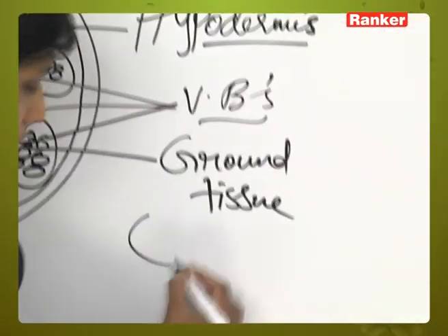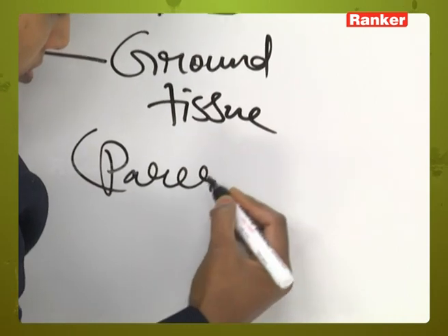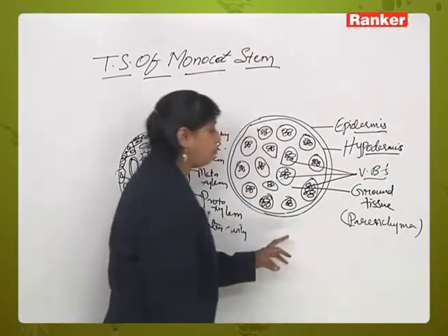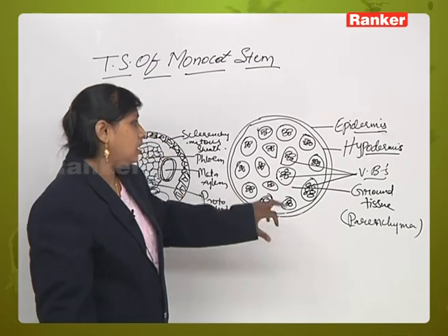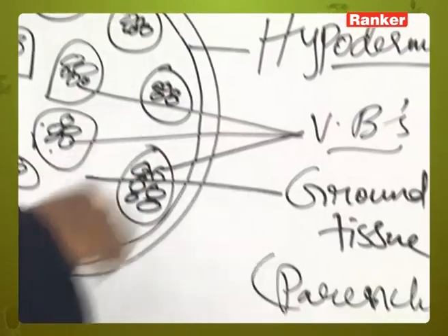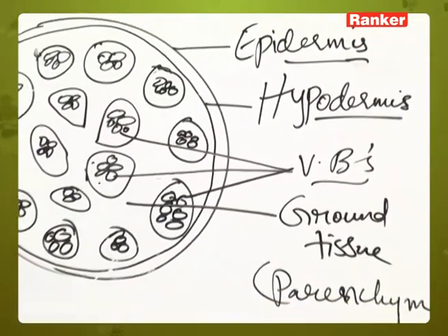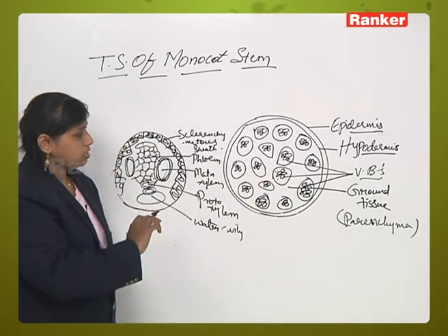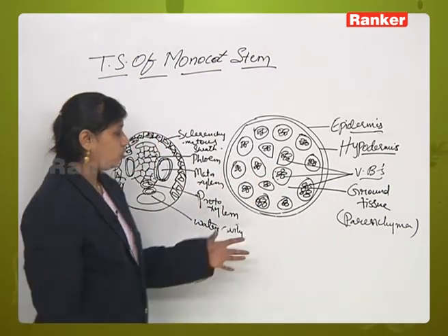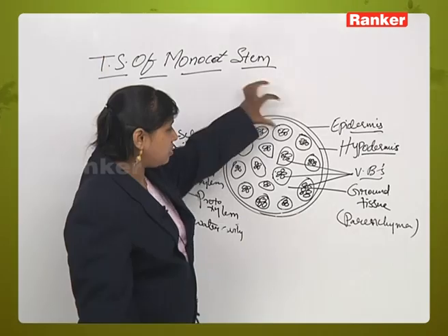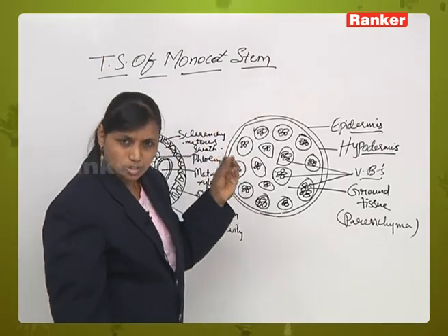Now this ground tissue system, which is not differentiated into endodermis and pericycle, is made up of parenchyma cells, and these are also called ground tissue. In the ground tissue you will see n number of vascular bundles arranged. Now the vascular bundles are towards the periphery. When we see the internal structure of the TS of monocot stem, the vascular bundles present towards the hypodermis are smaller in size and polygonal in shape.